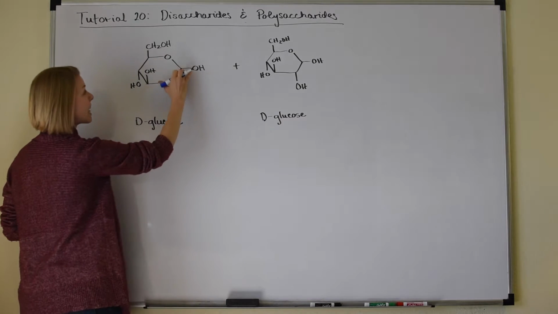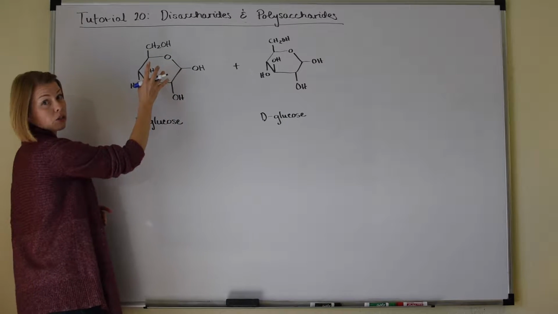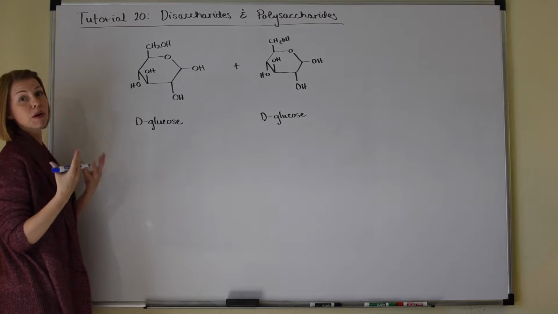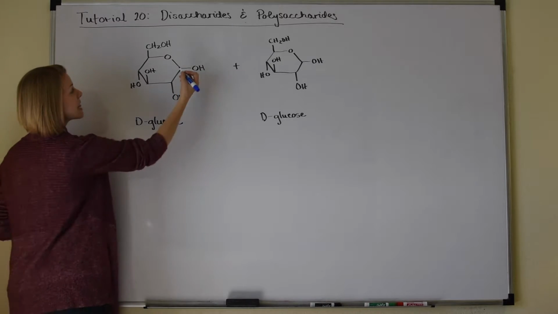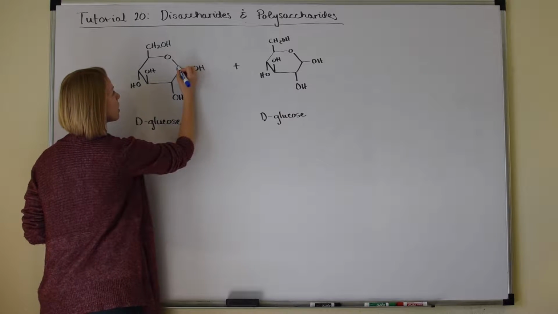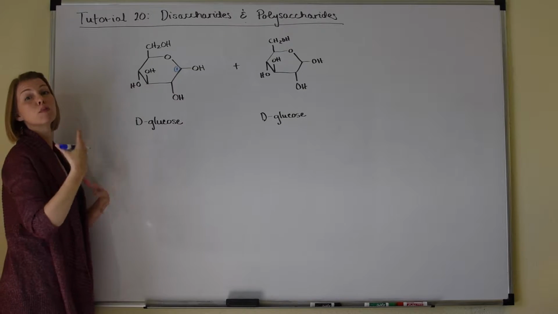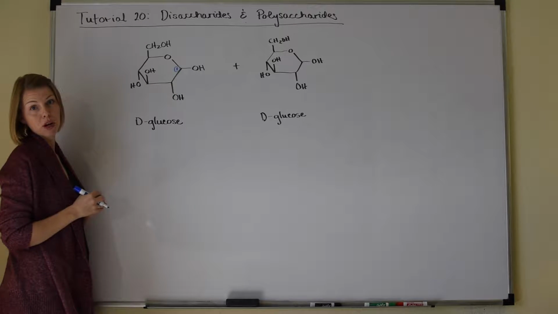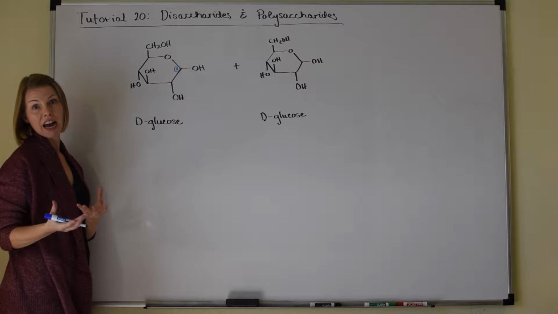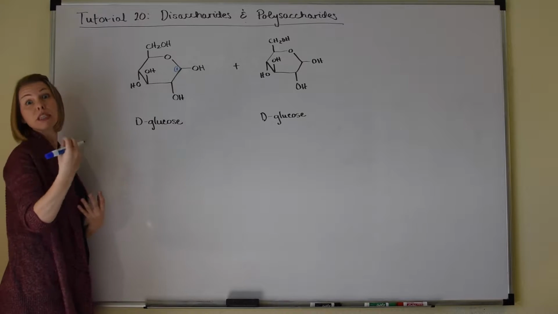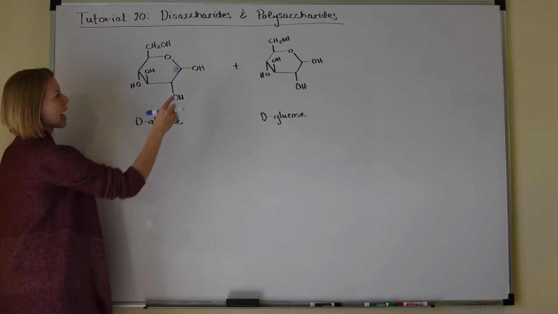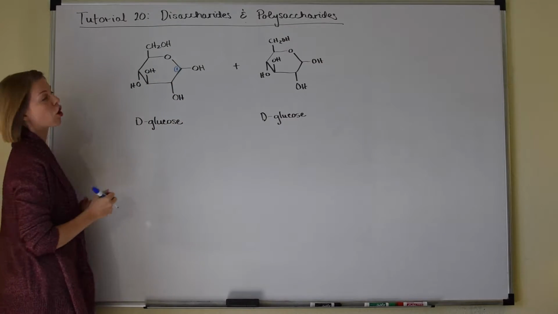And I'm going to go ahead and number the carbons in this ring. Hopefully you remember from tutorial 19, the hemiacetal carbon is carbon number 1. And that goes back to the acyclic form where the aldehyde of the D-glucose is carbon number 1. Okay, and then when it reacts, it becomes this hemiacetal carbon.